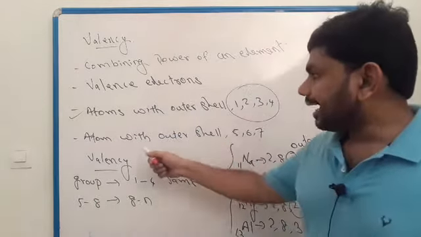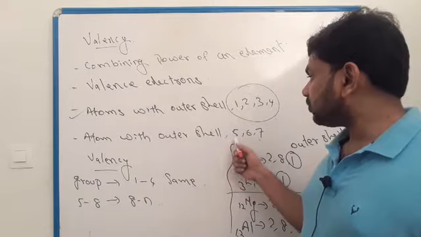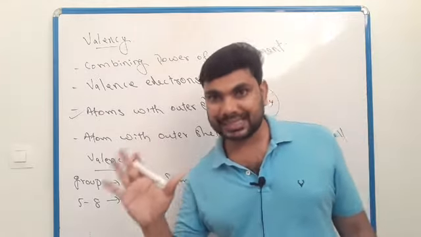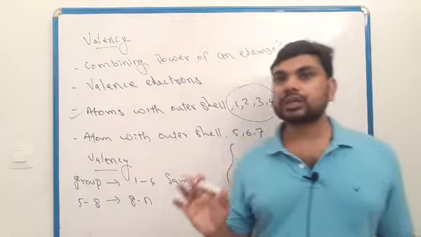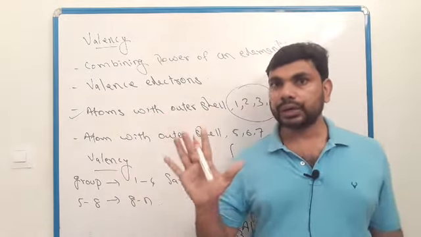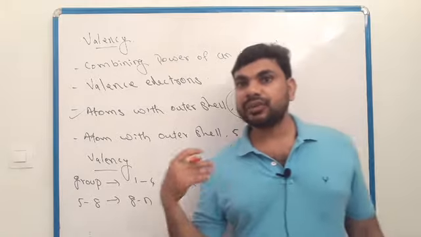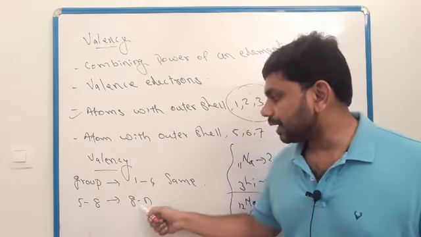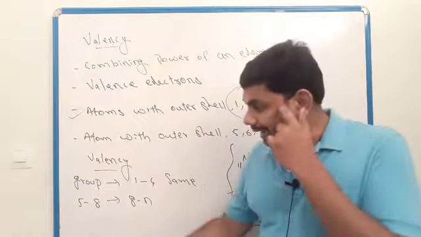Okay. And here atoms with outer shell 5, 6 or 7. For example nitrogen, atomic number 7. First shell 2 electrons, second shell 5, outer shell 5. So what will be the valency of nitrogen? You have to use this equation, 8 minus n.